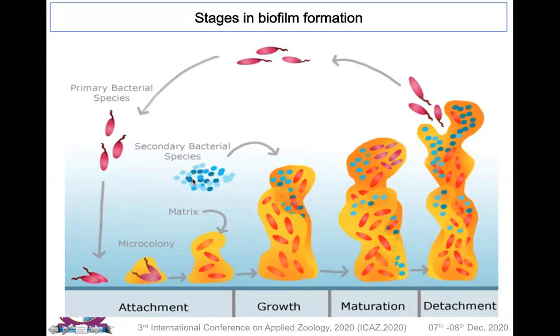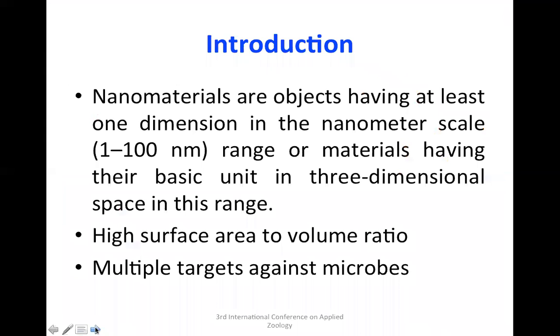In our study, we mainly focus on inhibition of adhesion by aluminium oxide nanoparticles, as well as biofilm formation and pre-established biofilms. Can they be removed by using aluminium oxide nanoparticles or not? This was basically the theme behind this study.